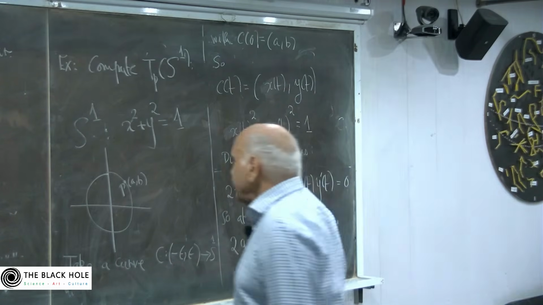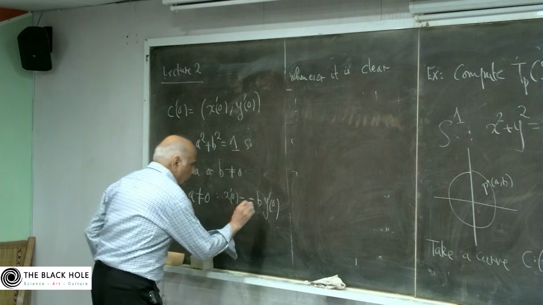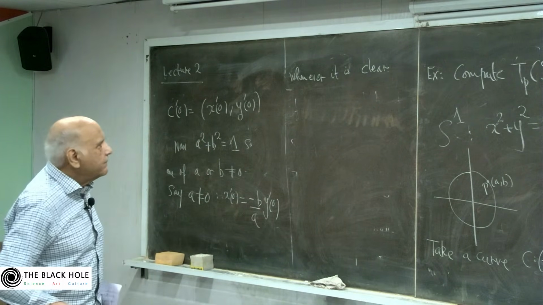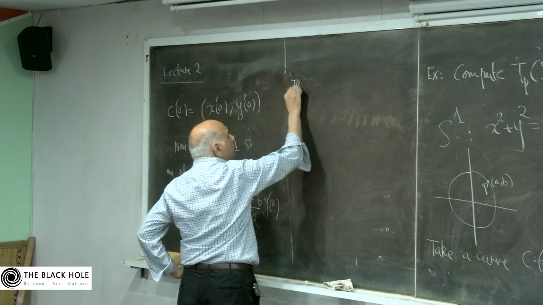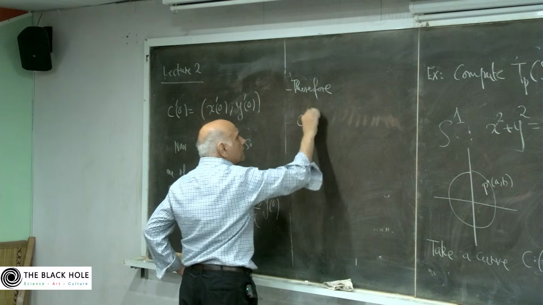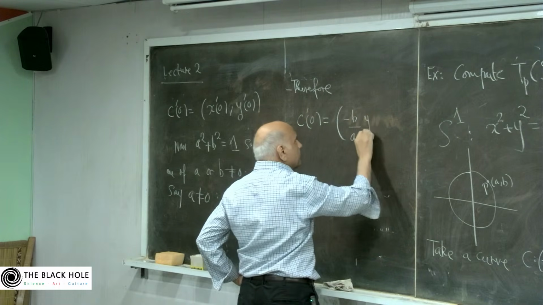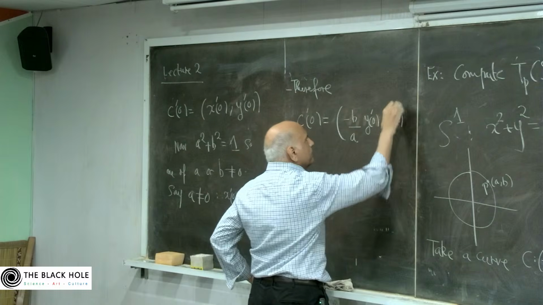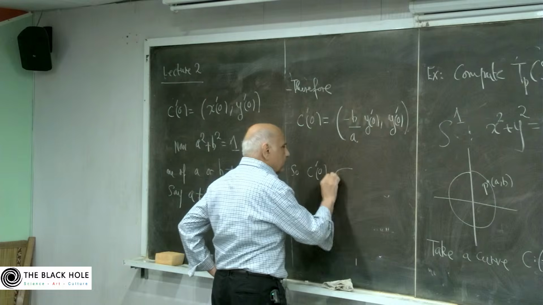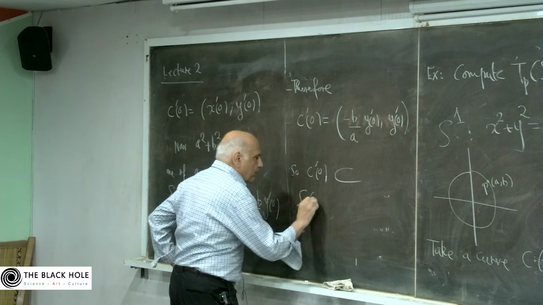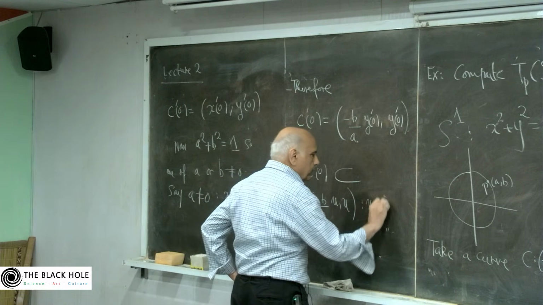I get x'(0) is equal to minus b over a times y'(0). Therefore C'(0) is minus b over a times y'(0), y'(0). So C'(0) is contained in the set of all vectors of the form (minus b over a times u, u). Here u can be any real number.